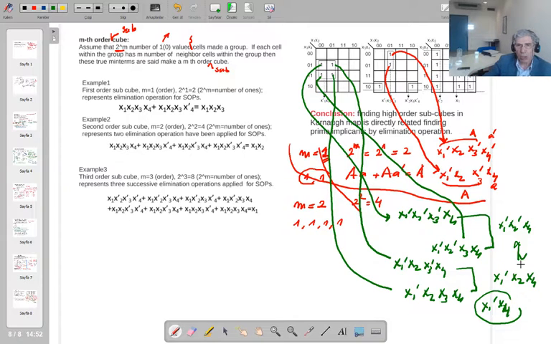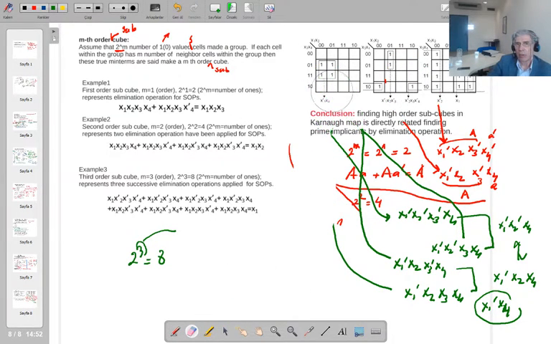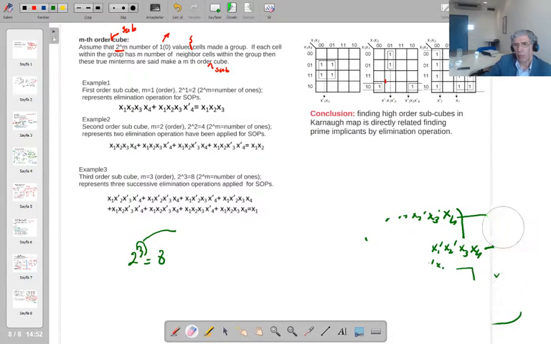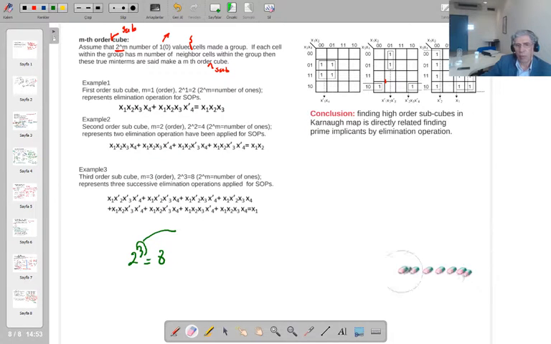So you can increase that, the third order subcube, to the power 3, you're going to think 8 ones. Each one within this group must have 3 neighbors. For example, let me clear this area once more. In the last one here, these 4 ones and these 4 ones make a subcube.